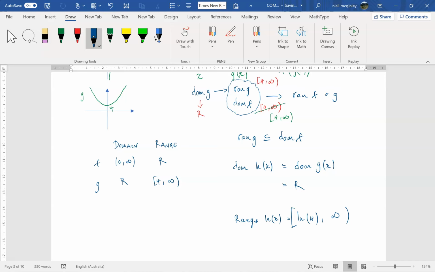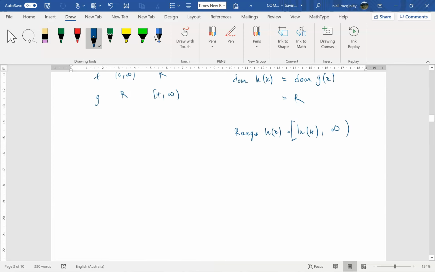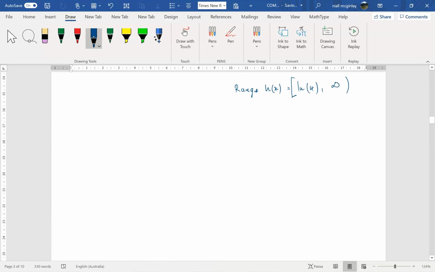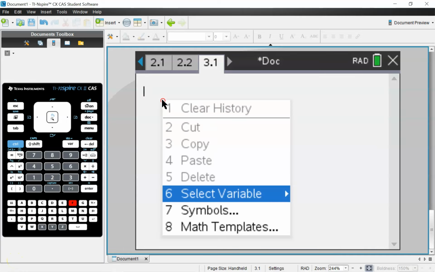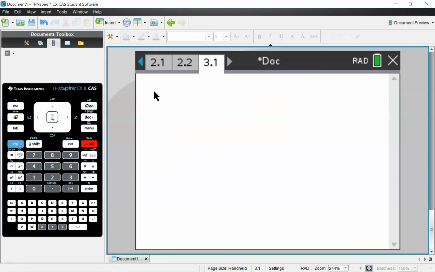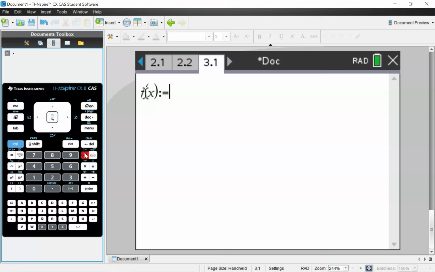So again, let's flick on the CAS and make sure it all makes sense. So if we define the functions, first of all, we've got f of x. F of x is natural log of x, that is ln of x, and then g of x was x squared plus 4.